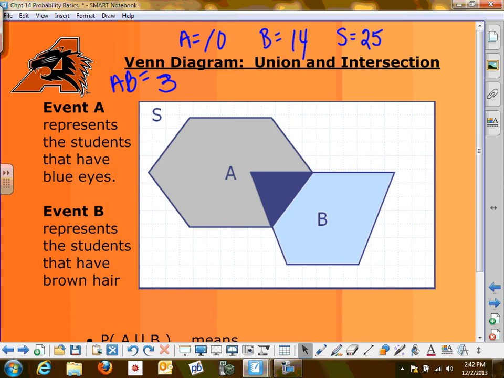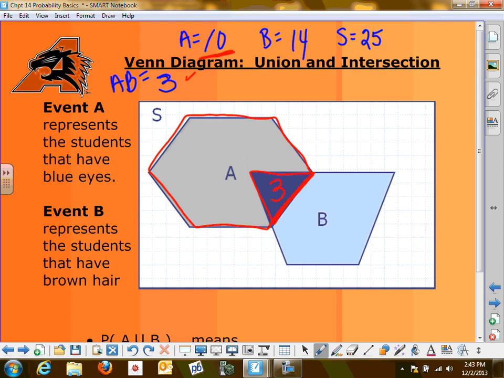Okay, so let's go ahead and talk about, this is not hard, but it's a notational thing. Let's talk about where to put these numbers. When you fill in your Venn diagram, I want you to always start where it's most restricted, in this case, has the most stipulations put upon it. So you have blue eyes and brown hair, and that would be 3 of the people in here. So I'm going to put 3 here. Now, this hexagon contains all of the blue-eyed people, and I am already accounting for 3 of the people.